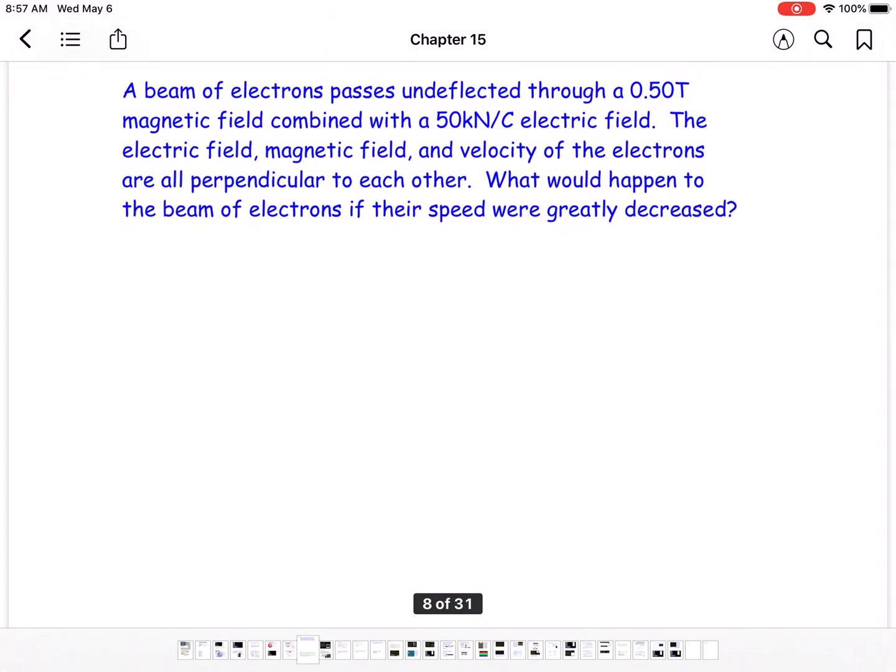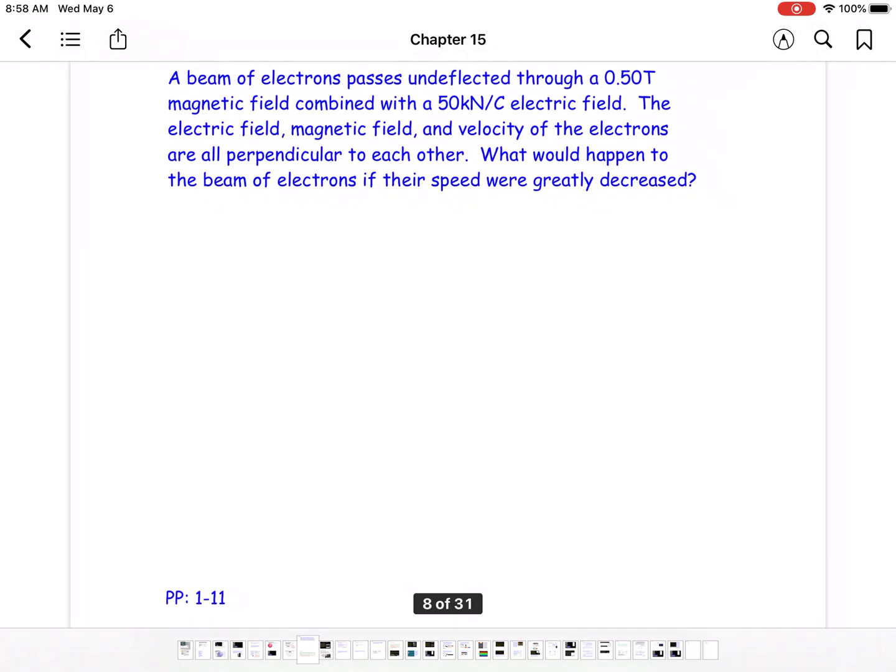A beam of electrons passes undeflected through a 0.5 T magnetic field combined with a 50 kilonewton electric field. The electric field, the magnetic field, and the velocity of the electrons are all perpendicular to each other. What would happen to the beam of electrons if their speed were greatly decreased?